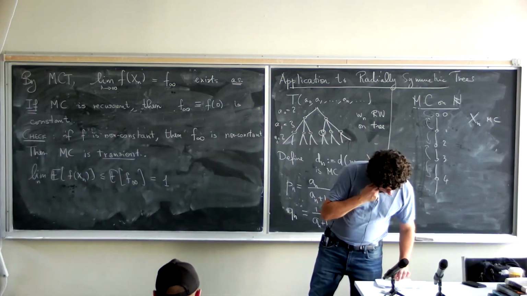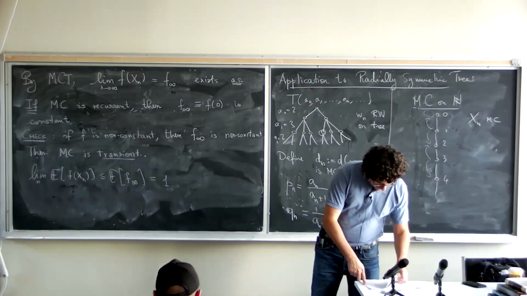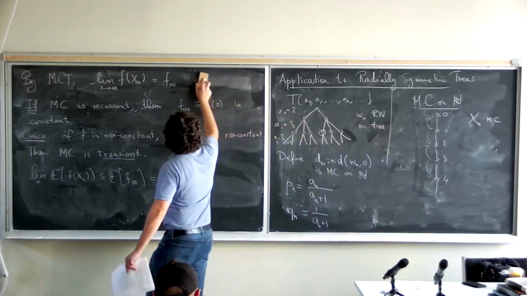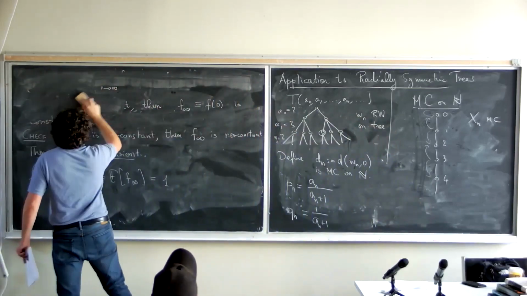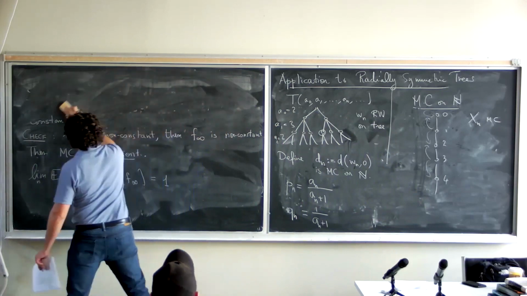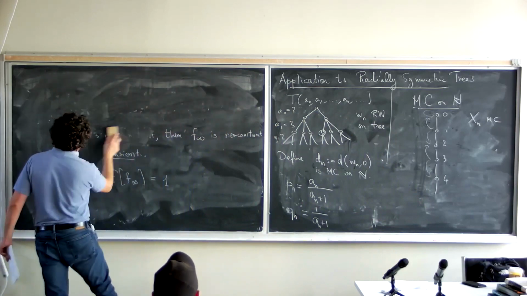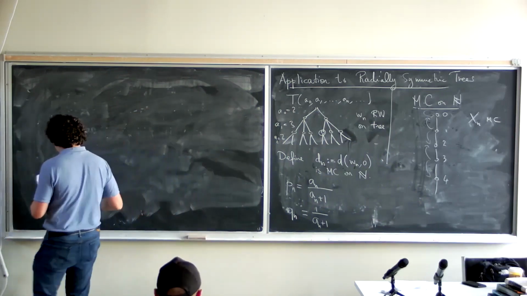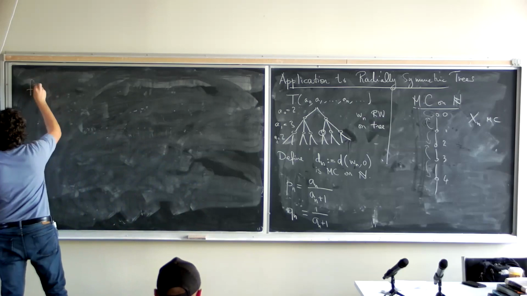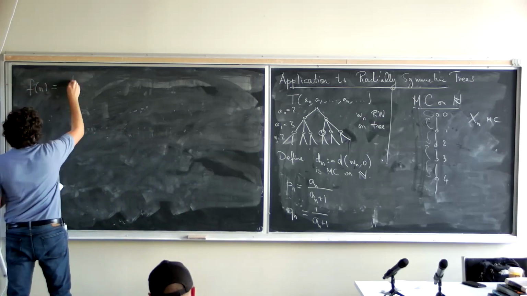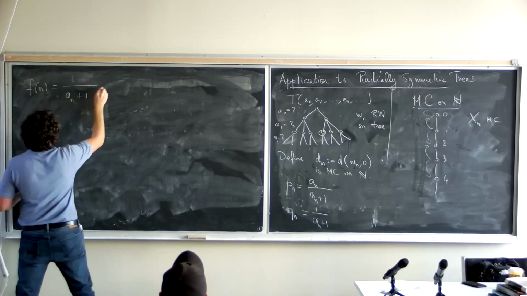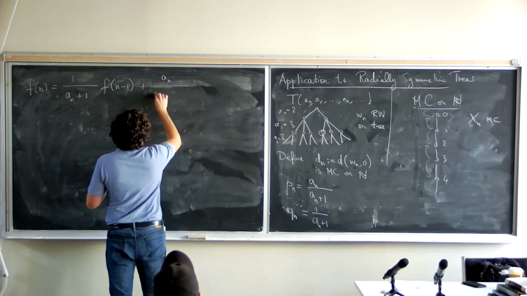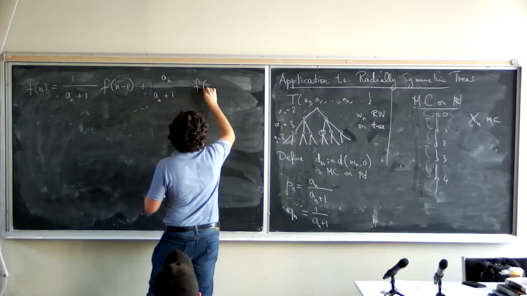Okay, and now we just have to test whether there is a solution to that equation or not. The equation is f of n equals 1 over An plus 1 times f of n minus 1 plus An over An plus 1 times f of n plus 1.